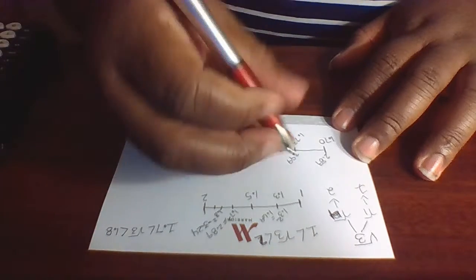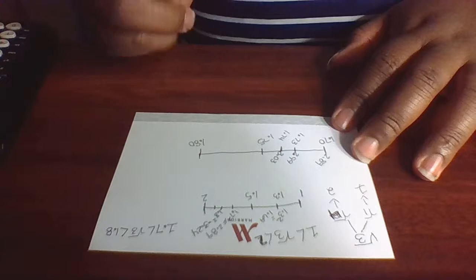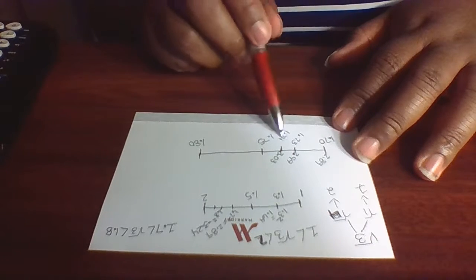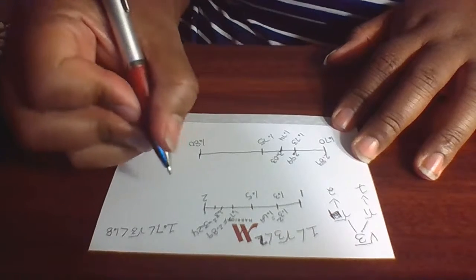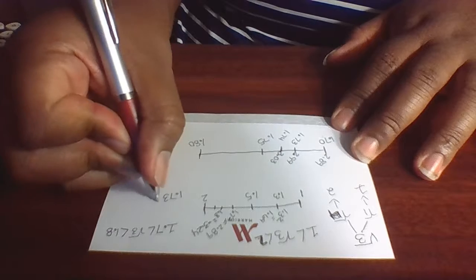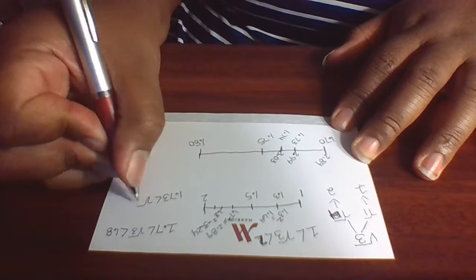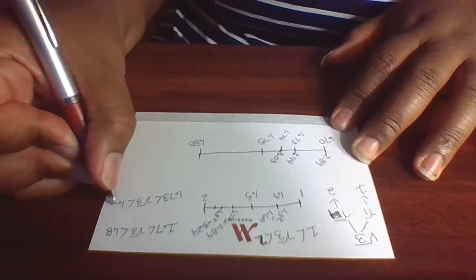So that's pretty close. We're getting it pretty close. So I can say that 1 and 73/100 is less than the square root of 3, which is less than 1 and 74/100.